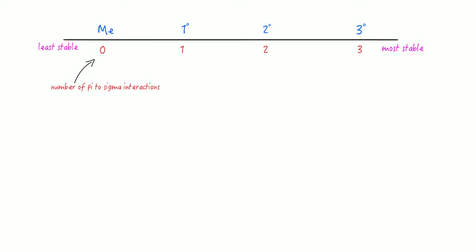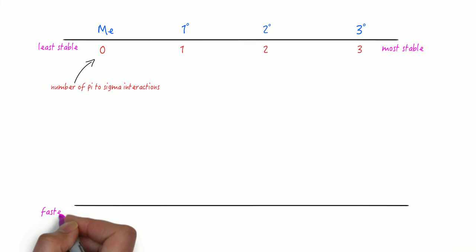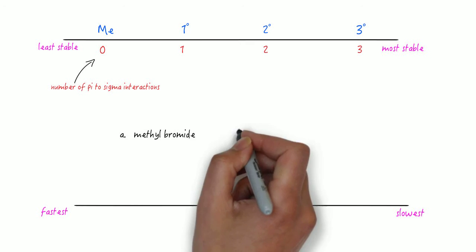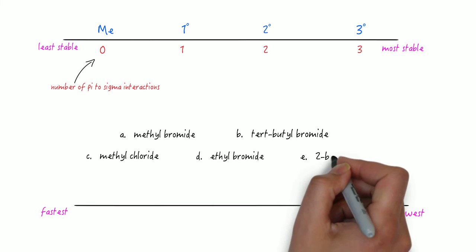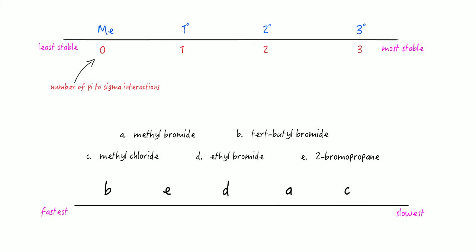In assessing the stability of cations, as we've seen before, it's the sp3 orbitals that can tilt a little bit towards the empty p orbital and stabilize it. So the more p orbital stabilization from sigma bonds you have, the greater the stability of the carbocation. That's why ethyl is more stable than methyl as a carbocation, and why t-butyl is more stable than the isopropyl carbocation.